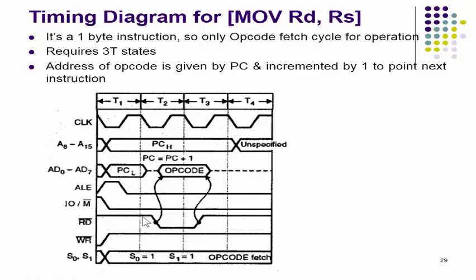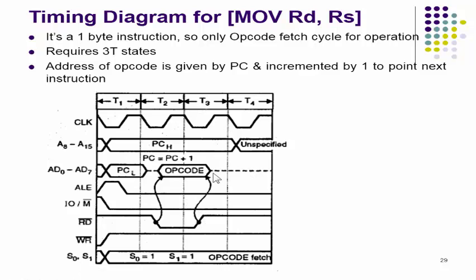In T2 and T3 states, the read bar control signal gets controlled by the processor, and after the fetching of the byte or opcode from the memory device, the read bar signal is made high, which indicates the memory device has transferred the opcode towards the 8085 microprocessor.